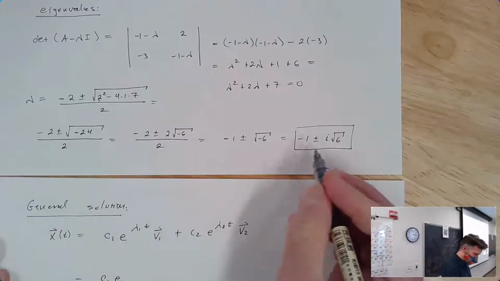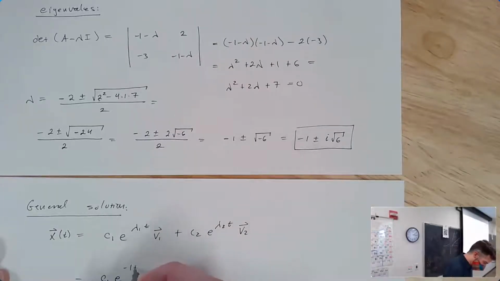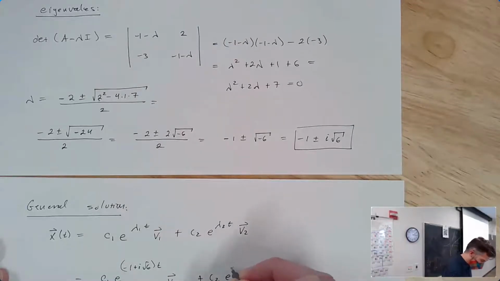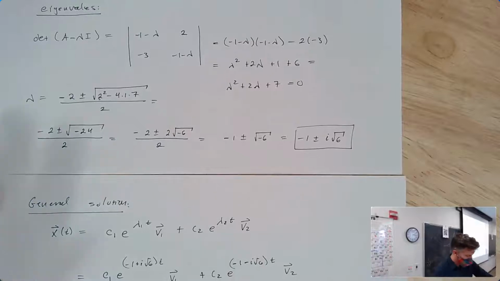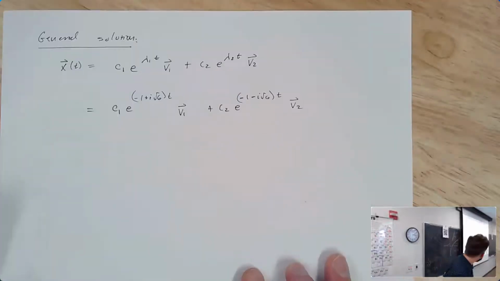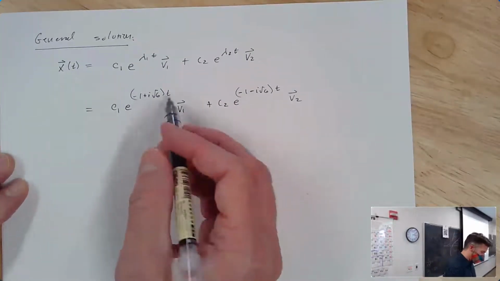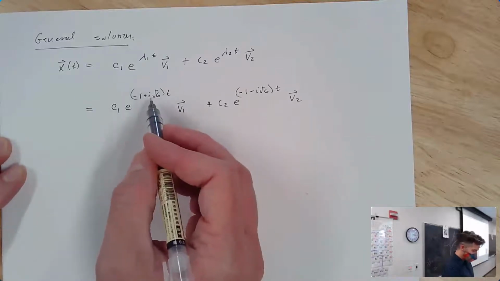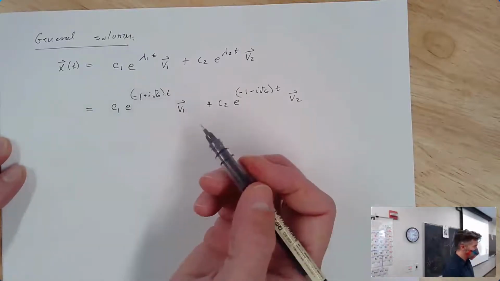c1 e to the -1 plus i square root of 6 times t, times whatever the eigenvector is, plus c2 e to the -1 minus i root 6 times t, times whatever the eigenvector is. Okay, so simplifying this just a tiny bit, I'm going to break this apart into the real part and the imaginary part.